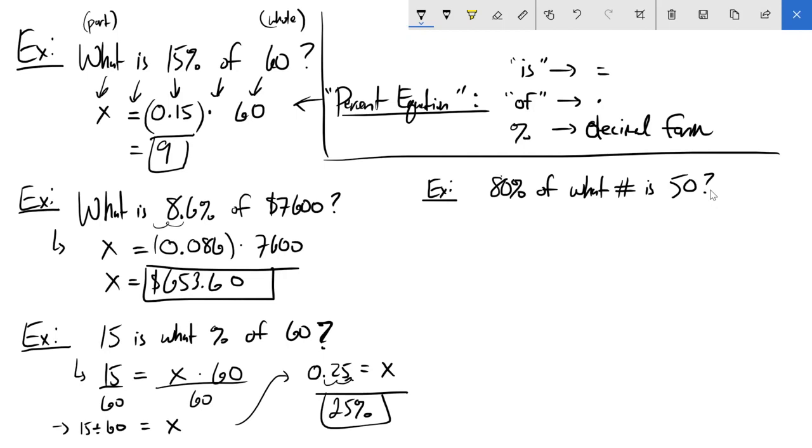Is the number I'm trying to find going to be bigger or smaller? So 80% of what number is 50? Is the missing number here bigger or smaller than 50? So 80% of 50 would be smaller than 50, but that would be a different question.